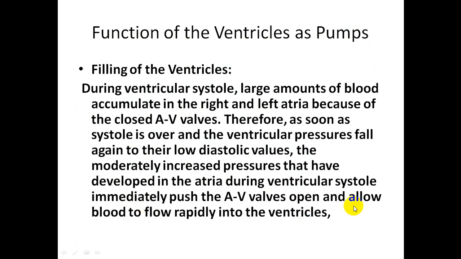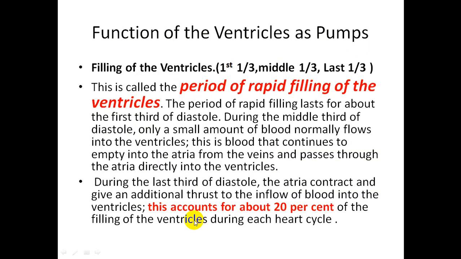This is what's called rapid filling, about 80%. So the filling of the ventricle has three phases: the first third, the middle third, and the last third. The first third is about 80%, and the last two thirds about 20% of filling.